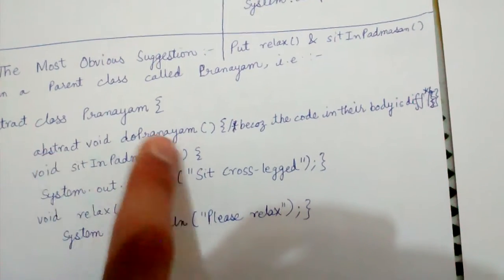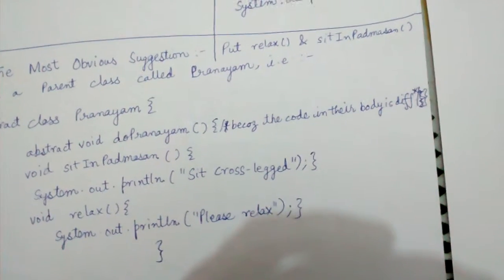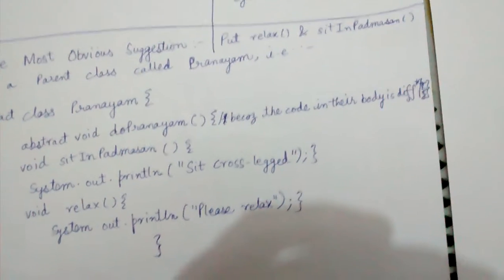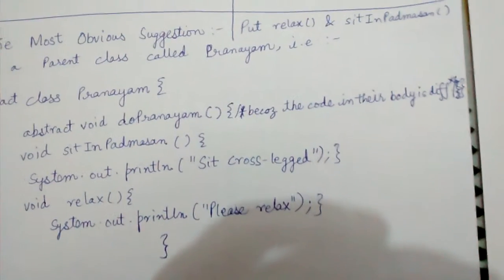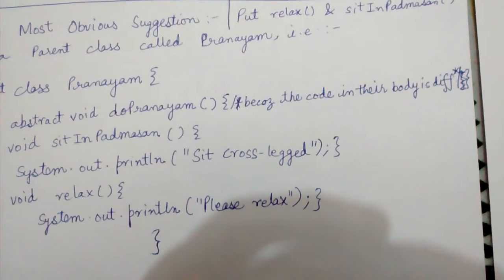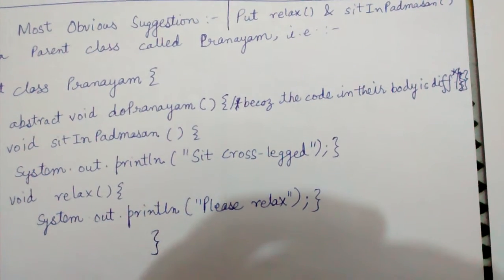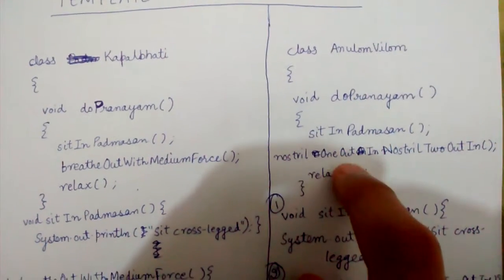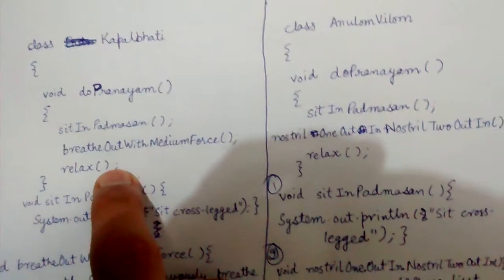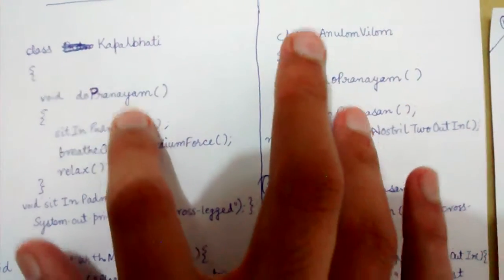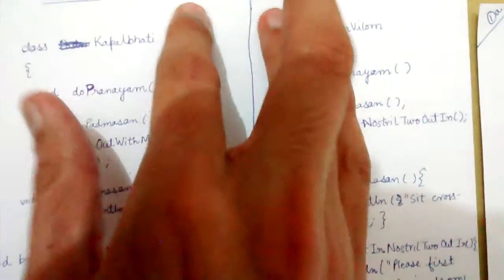We define an abstract method do pranayam. Why is it abstract? Why are we not providing an implementation here? Because the code in their body is different. So you can see these three lines are different from these three lines, hence we can't put this do pranayam method in a common super class.